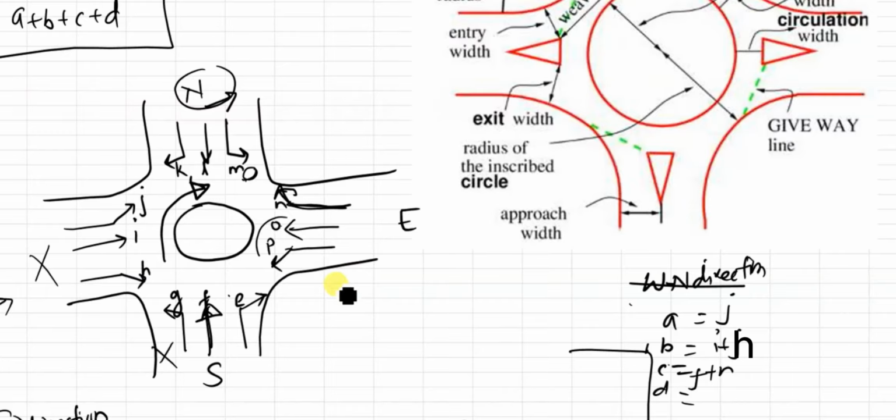So only E and P remain. From the E direction, P traffic goes in the clockwise direction, so it is the left hand, it doesn't contribute to the weaving parameter. But E traffic is in the right direction, so that contributes to the weaving traffic. So the value of D in this case is E.